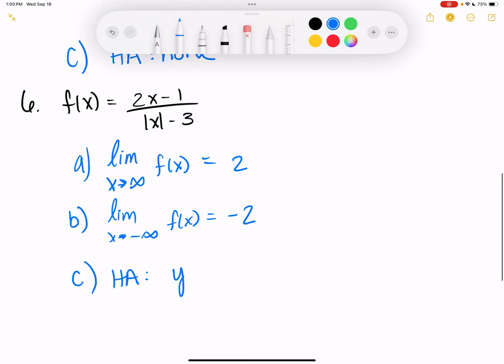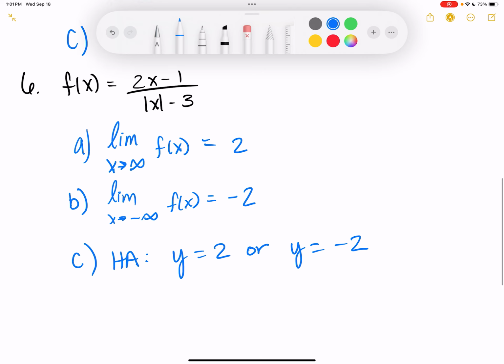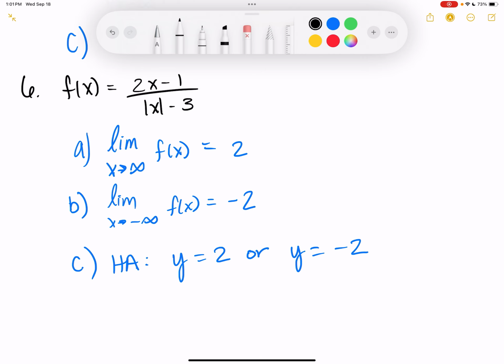So y equals 2, or y equals negative 2 because of the absolute value. Yes, that's why I wanted to do that one, because I wanted us to see it. So if instead of 2x over x, that was x over 2x, would that be 1/2? Or negative 1/2. I didn't mention the absolute value. You should have. I did that on purpose.